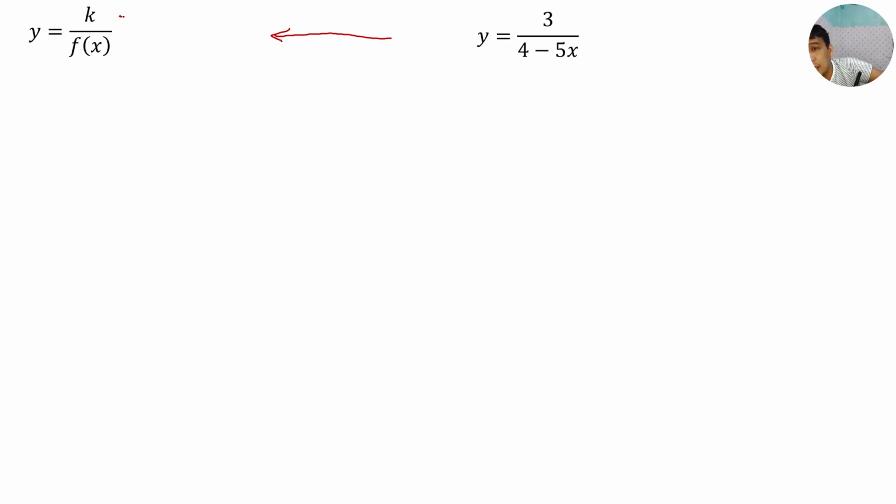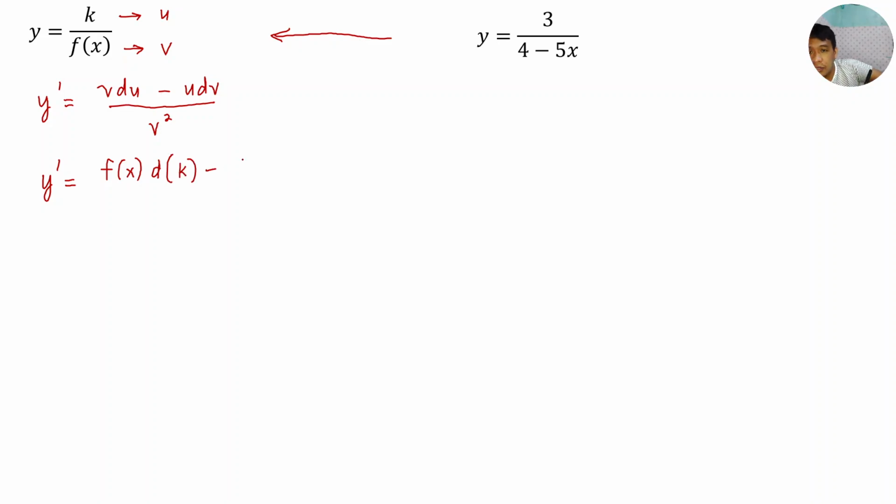So from the derivative of a quotient, this is your u, this is your v. So sabi ni formula, y prime is equal to v du minus u dv over v squared. And that gives us y prime is equal to v, that's f of x, times the derivative of u, which is a constant, minus u, a constant, times the derivative of v, which is derivative of f of x, all over f of x raised to the second power.